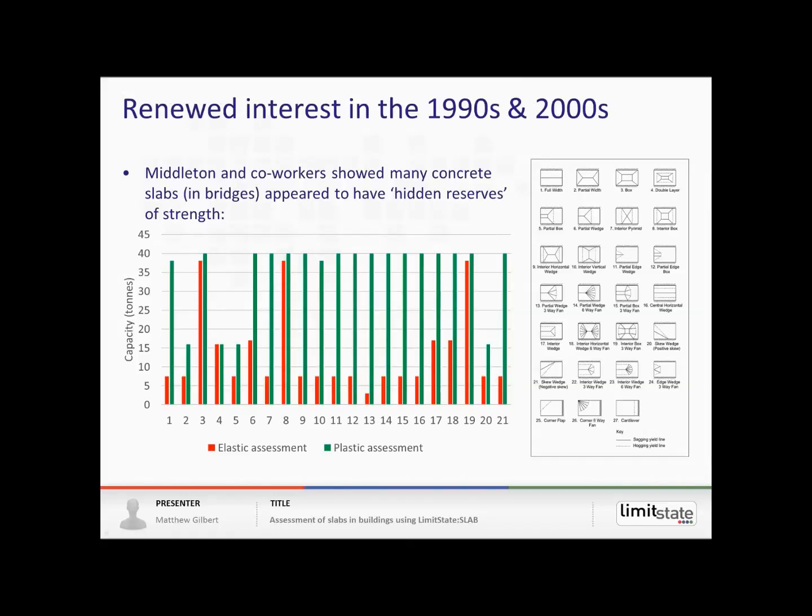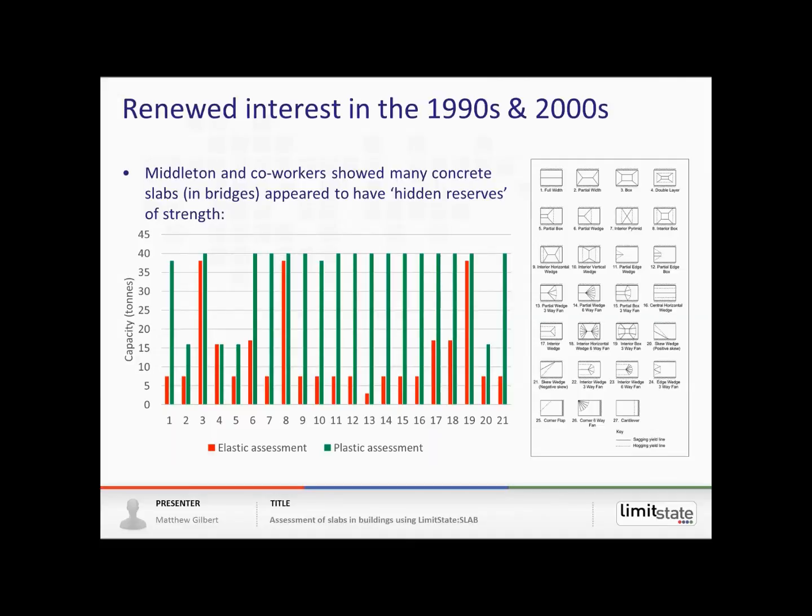In the 1990s in the UK, there was a lot of renewed interest in the yield line method, particularly in the context of bridges. And Middleton and co-workers at the University of Cambridge reassessed a number of bridges which had been identified using elastic methods as being substandard, i.e. weren't able to carry 40-ton vehicles.